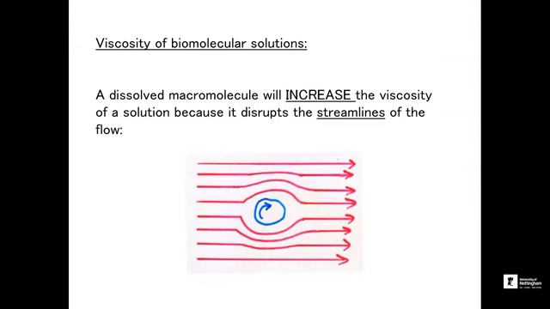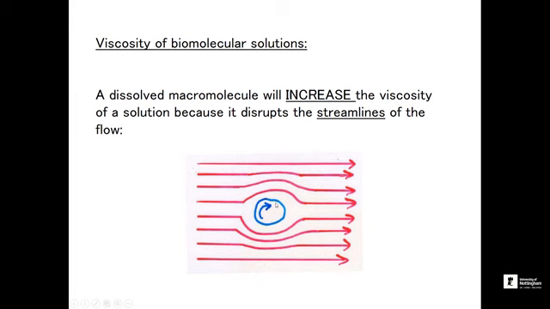because we're dealing with the changes in viscosity when we add proteins or polysaccharides or glycoproteins or DNA into the liquid. What happens if you dissolve a molecule in a liquid? Then you disrupt the smooth flow of the liquid. So there's a disruption here of these what are called streamlines.